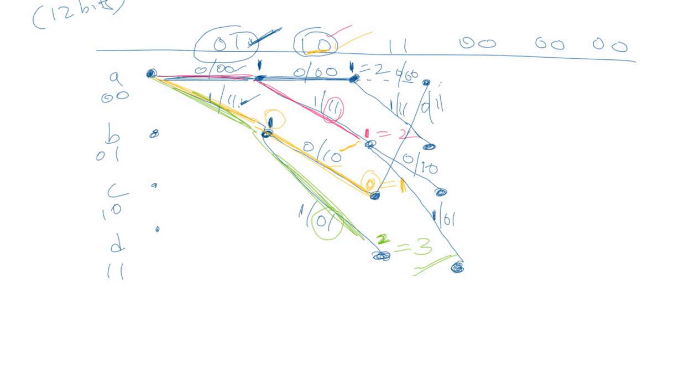And if the input is 1, it transitions to state B, and the output is 0 0. Similarly for state D, if the input is 1, it remains in state D, and the output is 1 0. And if the input is 0, it transitions to state C, and the output is 0 1.